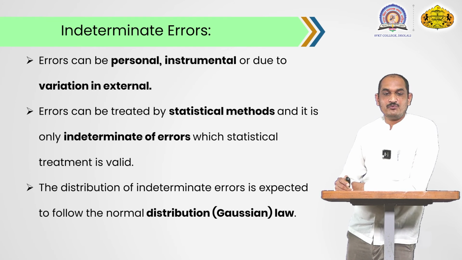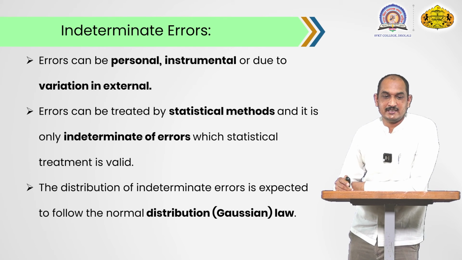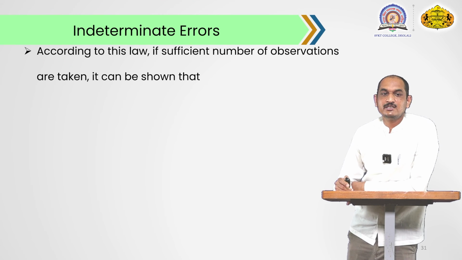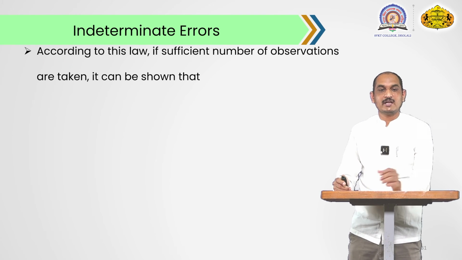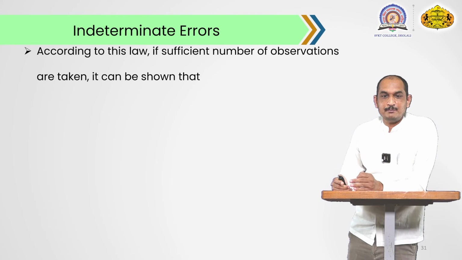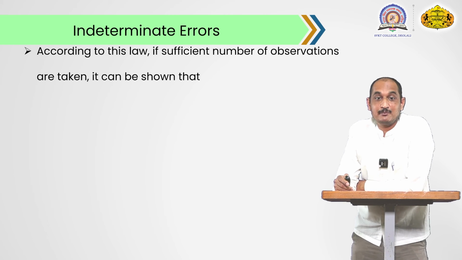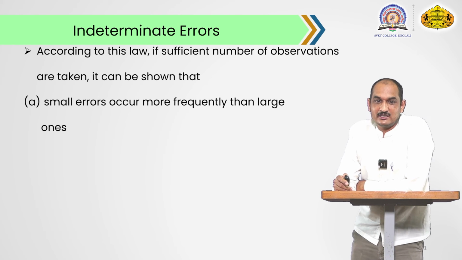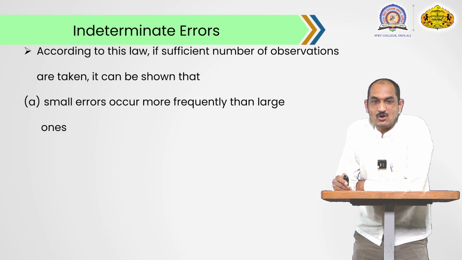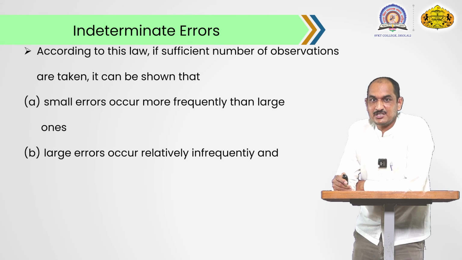The distribution of indeterminate error is expected to follow the normal distribution law, and according to this law, if a sufficient number of observations are taken during the analysis, it can be shown, first, that small errors occur more frequently than large ones.